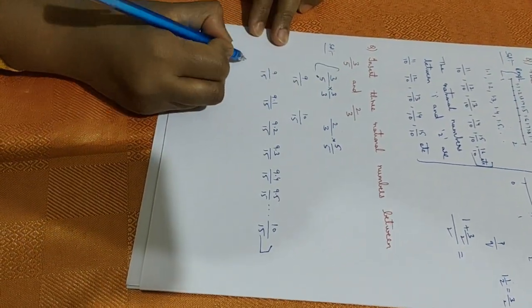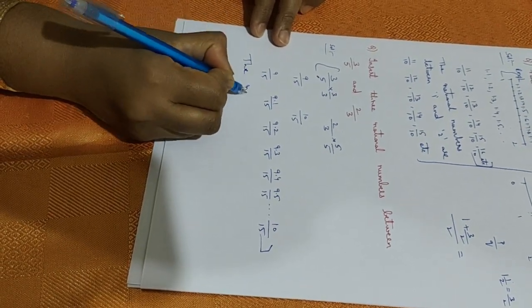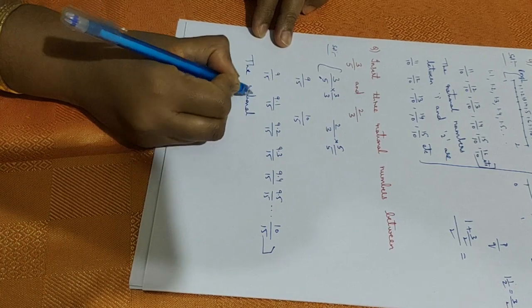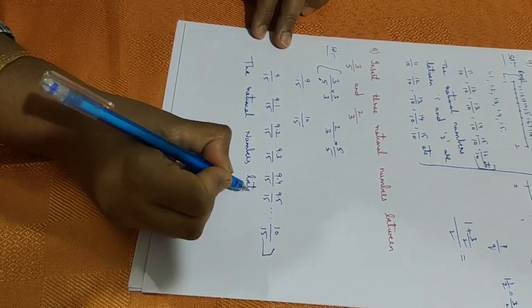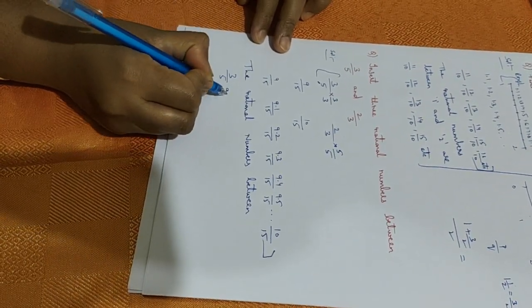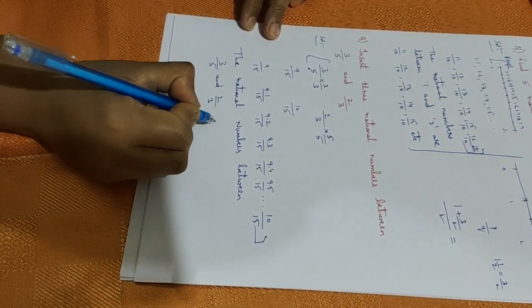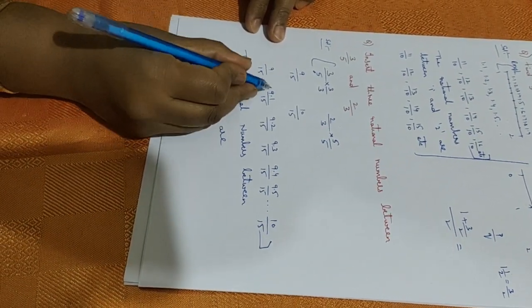So your final answer is: the rational numbers between 3/5 and 2/3 are 9.1/15.